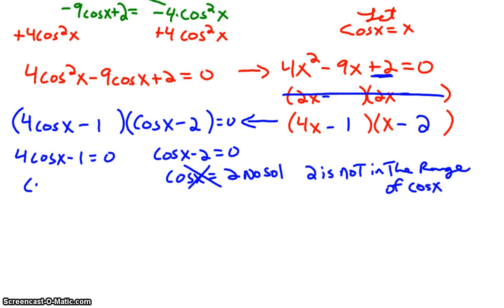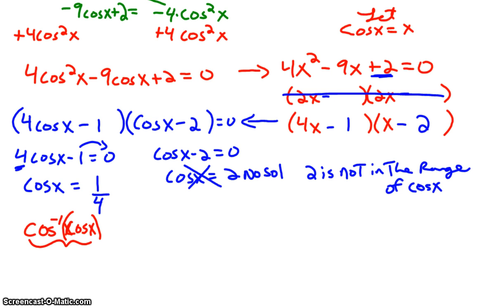This one, however, we end up with a 4 cosine x minus 1 equals 0. We'll bring the 1 to the other side, giving me a value of 1. Dividing by the 4 will give me cosine x equals 1/4. Now this is not in our trig chart, so we'll need to use our inverse or arc cosine value by working this arc cosine value of cosine x.